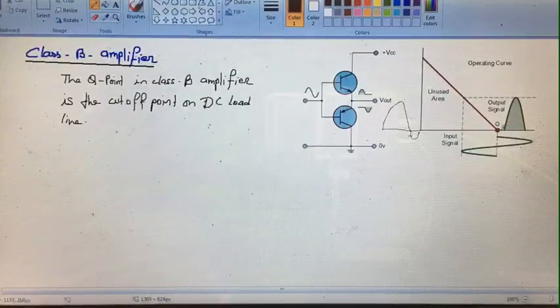Here we have selected the quiescent point at the cutoff point on the DC load line. So we get IC only from 0 to pi, but from pi to 2 pi IC is not present in our amplifier. While we provide the input for a complete cycle, we get the output for only a half cycle. The other half cycle is restricted, and we get the output signal for only half of the input signal.